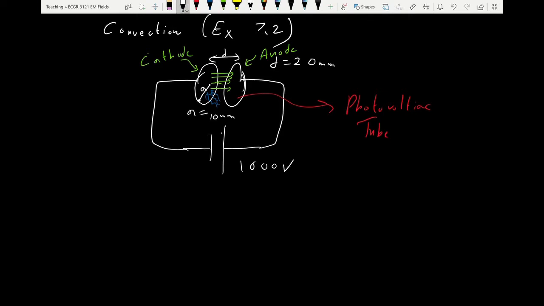And the assumption here is that any accumulation of charges in the gap, in this d gap, will not affect the electric field in the gap. That's one.